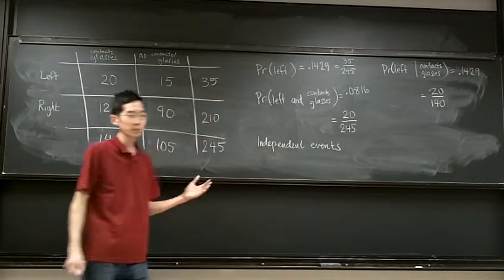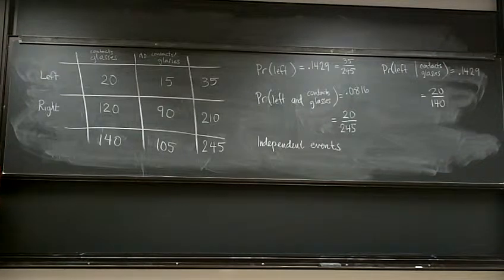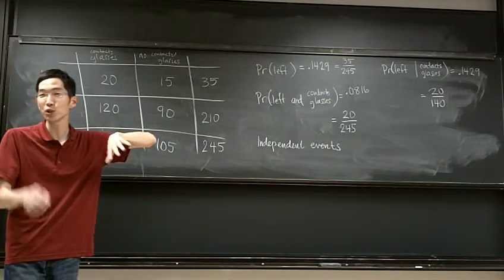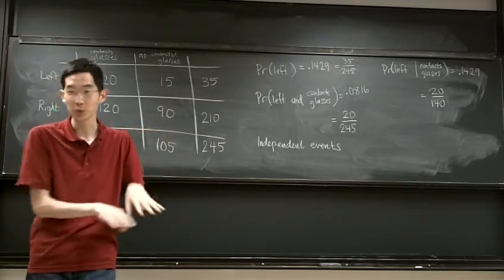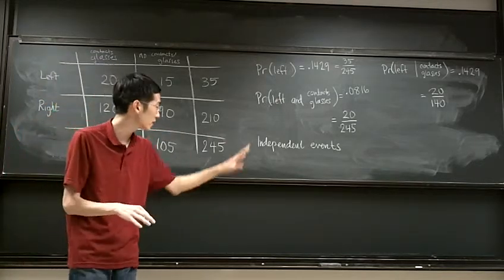Okay. What does it mean for events to be independent? Independent events, okay? We've covered a topic called mutually exclusive. Mutually exclusive is not the same thing as independence. Don't get those mixed up. It's a common mistake.